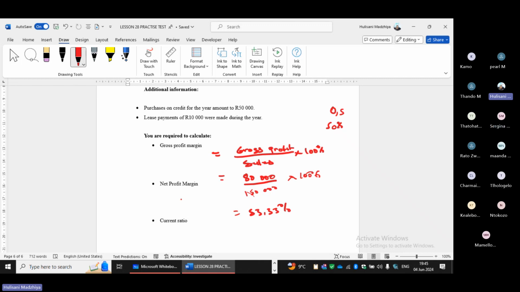Then for net profit. Sir? Yes? Please explain the 53% explanation again. The 53% is the profit percentage realized after contribution of cost of sales.